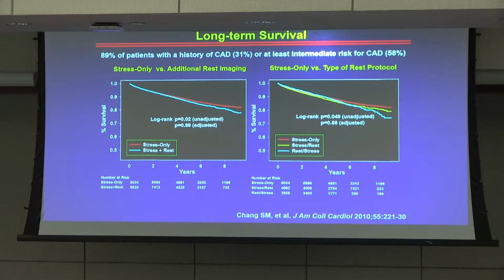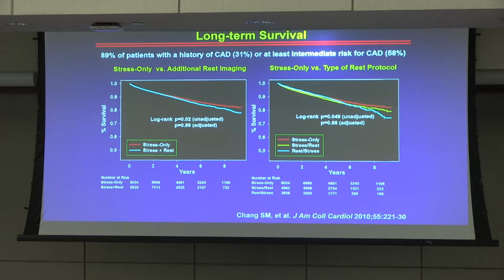You might think that by not doing the rest, you're depriving the patient of important information that will determine their outcome. That's not the case. By having stress first in a normal study, or stress only on a normal study, or having stress rest, the outcome was not different after adjusting for all this information.